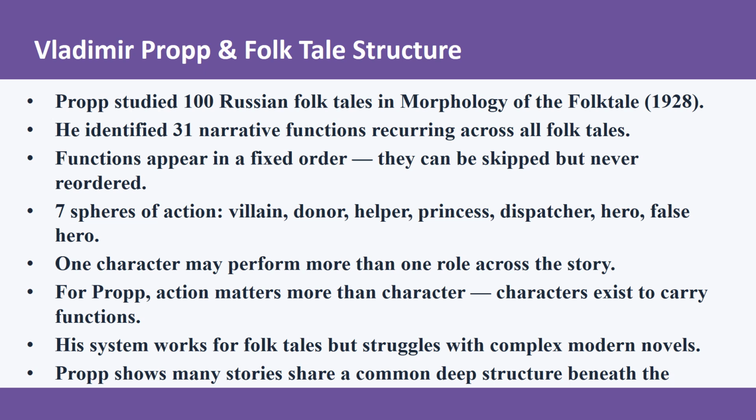The villain cannot be punished before he is defeated. Propp believed this fixed order shows that beneath many different stories, there is a shared structure. Even though stories look very different on the surface, they are built from the same basic pattern. Propp also identified seven main spheres of action, which are like roles in a story.